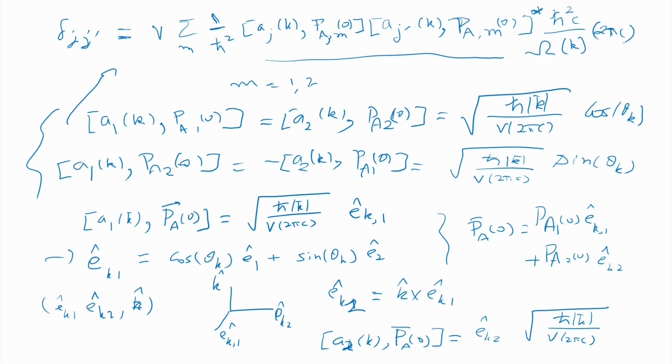Okay, so that's what that is. So from here you can easily work out the commutator of the oscillators, or the photon creation and annihilation operators.